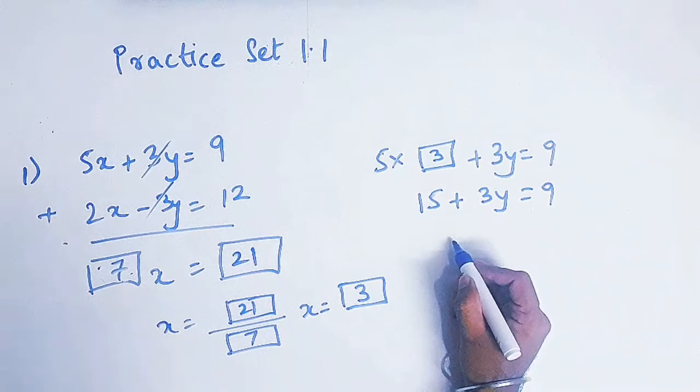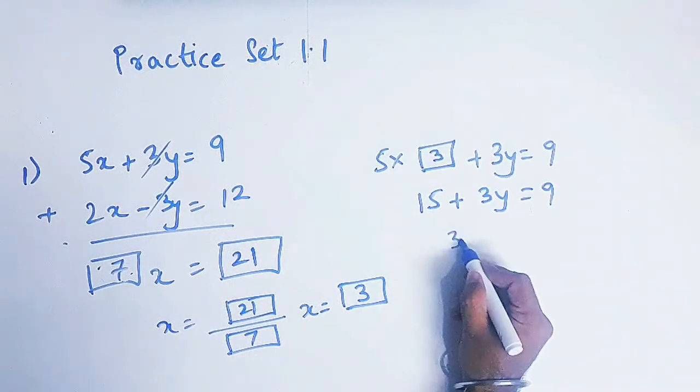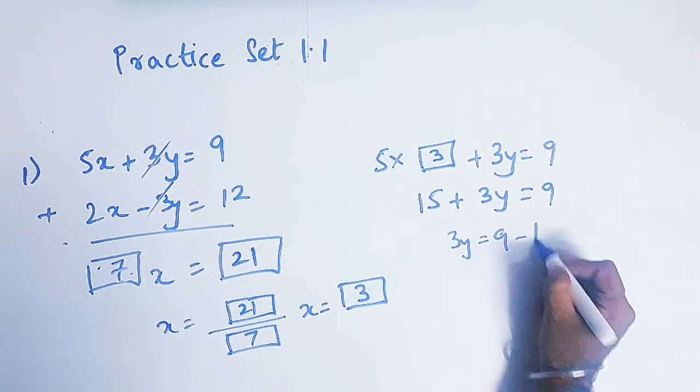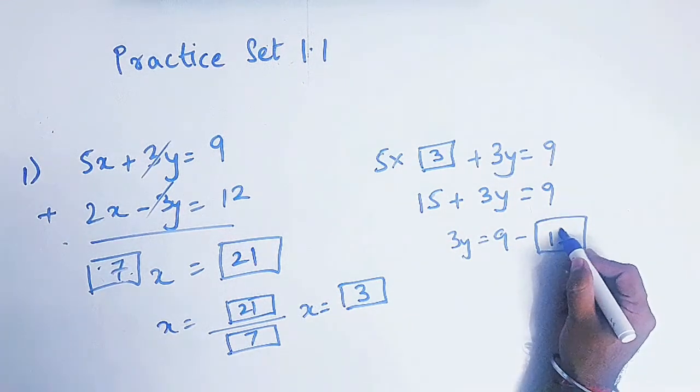Now they have given 3y equals 9 minus dash, so I'll put here 15.